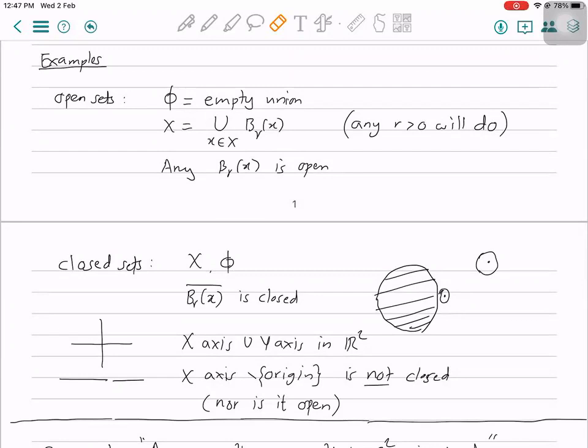Let's say I take a ball of radius 1 at a point on the x-axis which is at distance more than 1 from the origin. Then the ball is just going to be an open interval. But let's say I take an open ball of radius 1 at the origin. Then I'm going to get a cross, except its 4 endpoints. That's the open set in X which is the ball of radius 1 centered at the origin.